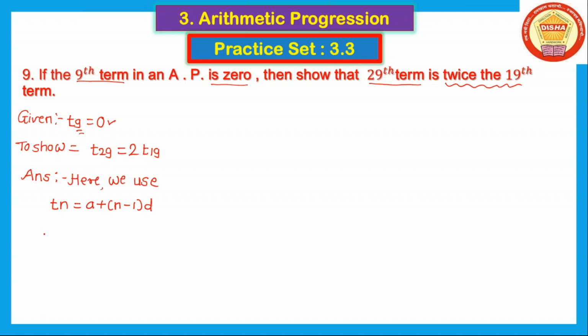Here the 9th term is given. So we write here T9 is equal to a plus 9 minus 1 into d. And this value is given in question, which is equal to 0. So we take here T9 is equal to 0. Means a plus 8d. Then here a plus 8d is equal to 0.